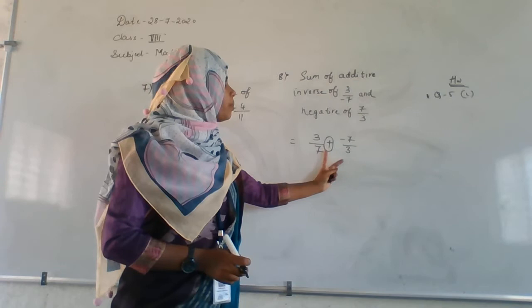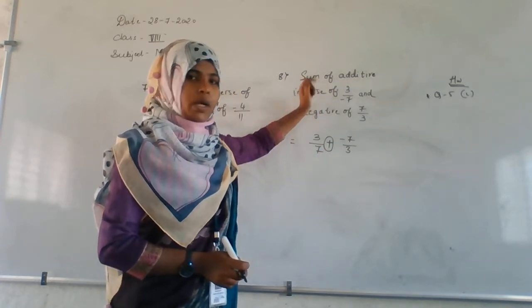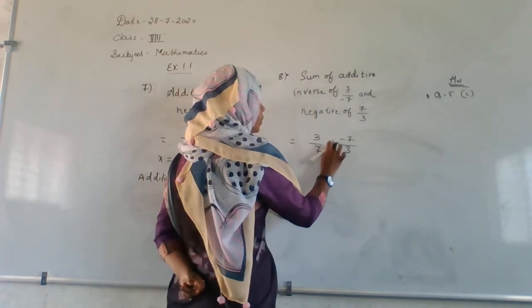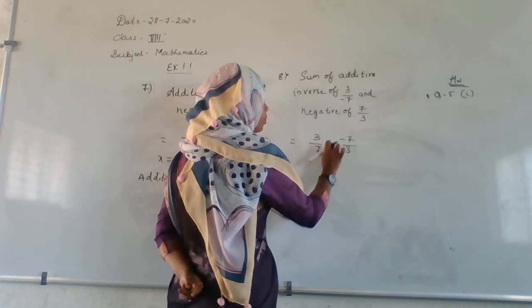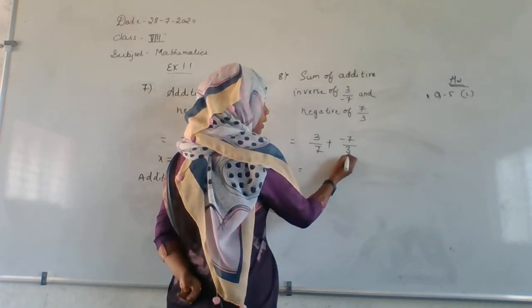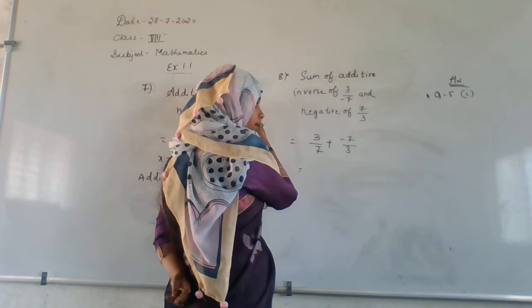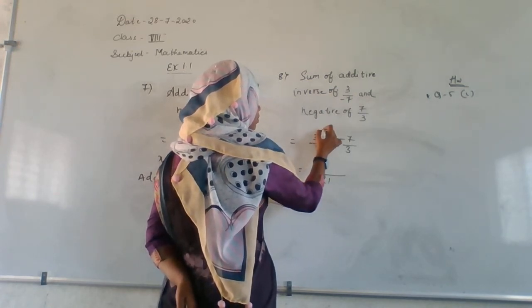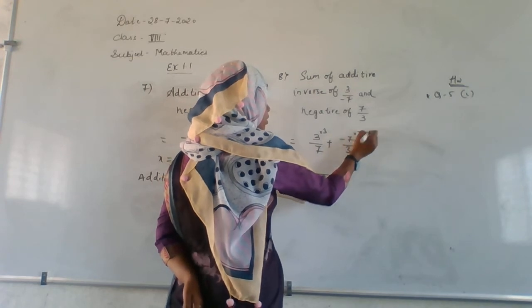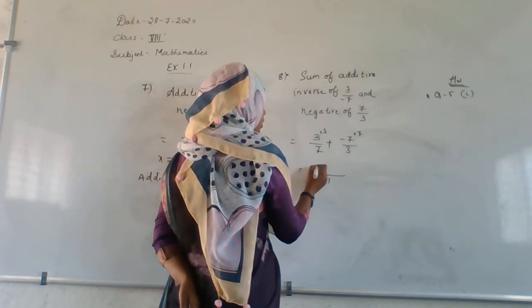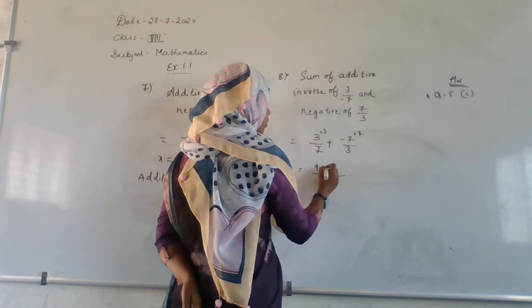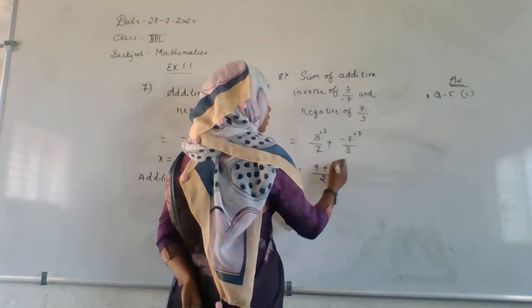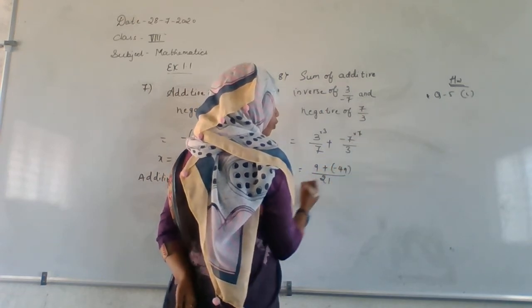For both rational numbers we have to do the sum. The operation here is addition, and both are not in the same denominator, so the LCM will be just the multiplication, that is 21. 7 3s are 21, so 3 3s are 9, and the plus will be the same. 7 7s are minus 49.